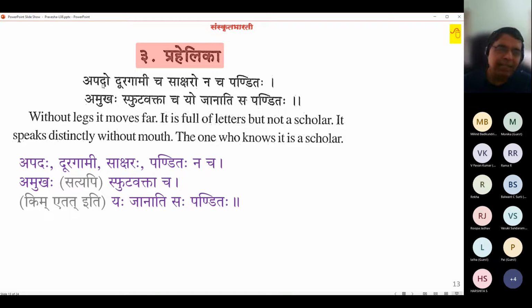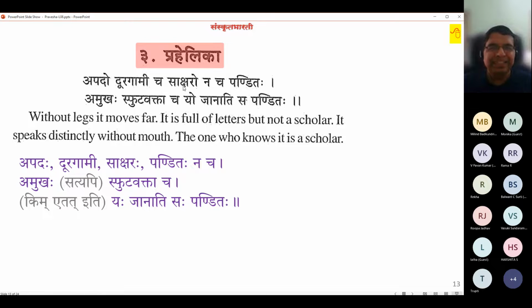So apadah duragami cha, not with feet, bereft of feet. Apadah, one bereft of feet. Duragami cha, but yet one able to go far. One able to move far. Saksharah na cha panditah, is with letters but is not a pandit.